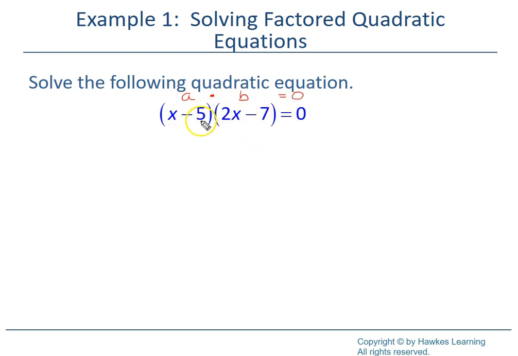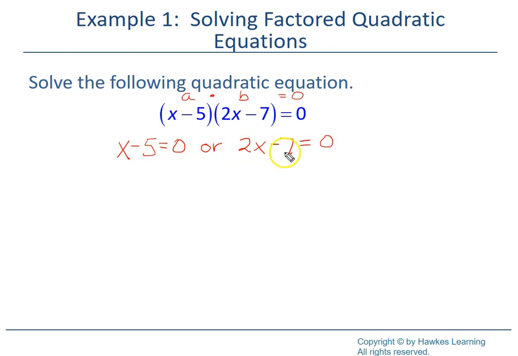Now, the protocol, the way I want you to show this on your blue sheet, is take each of the factors and equal them to 0. So we're saying that A would have to be 0. So we go x minus 5 equals 0. And then we write the or: 2x minus 7, which is our B in a sense, equals 0.